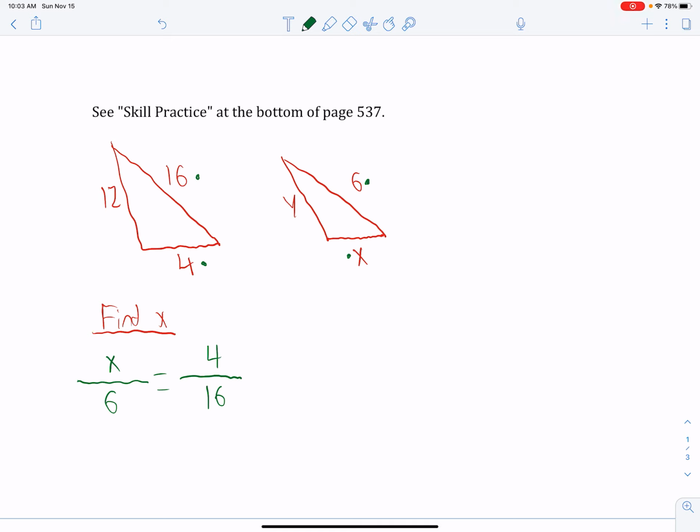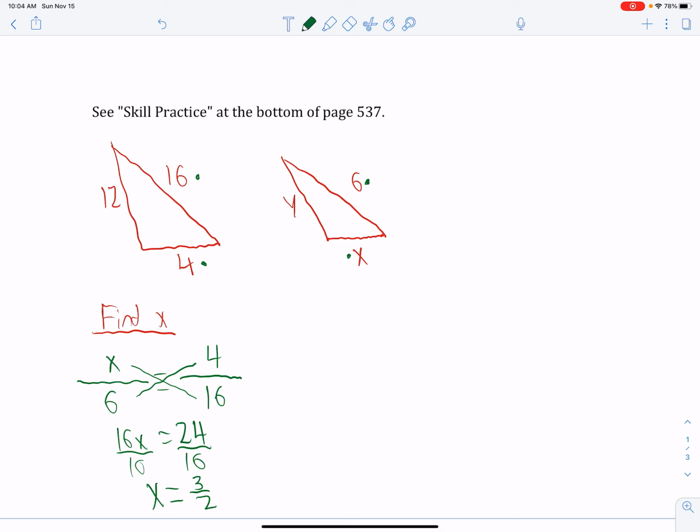And then we solve by cross multiplying. X times 16 is 16x. 6 times 4 is 24. We finish by dividing both sides by 16. 24 over 16, when you reduce it, divide them both by 8, you get 3 halves, like that.